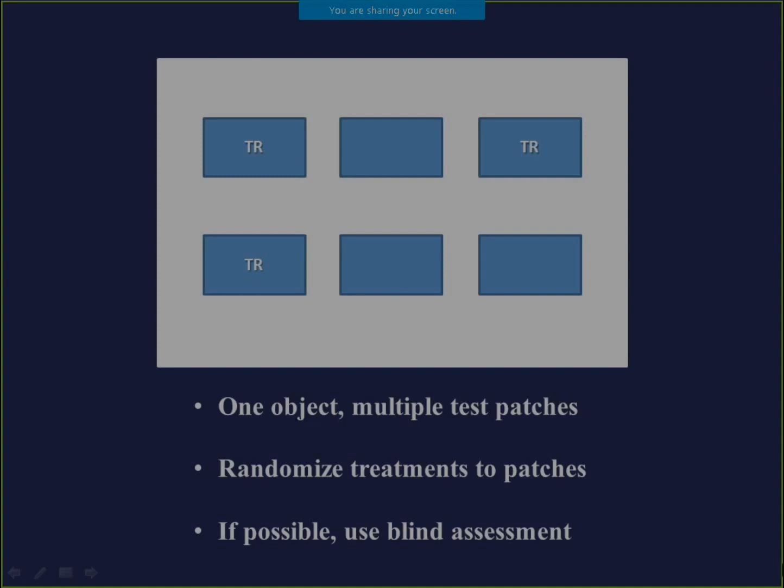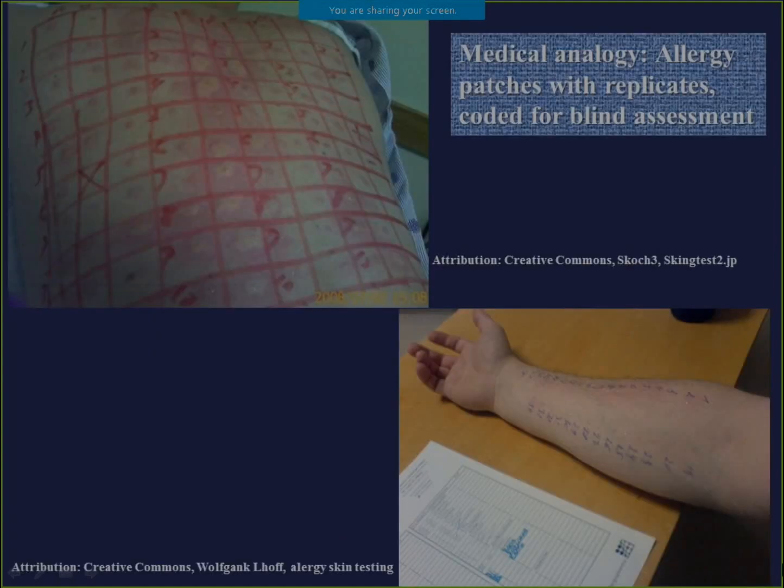For qualitative assessments, it's even better if the assessment can be done by someone who's knowledgeable enough to be able to make the judgment, but who doesn't know which patches received which treatments and which ones are the controls. For quantitative results, you now have the statistical probability assumption met, and so you can reliably do statistical analysis for comparison.